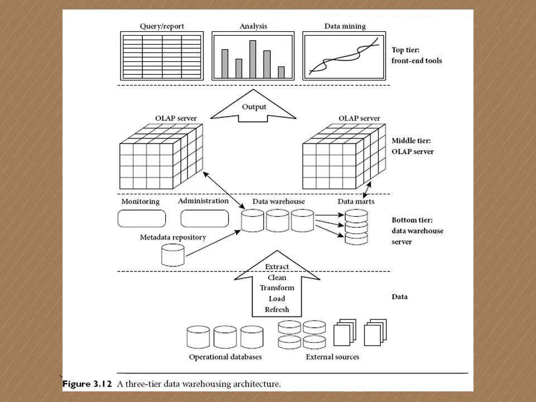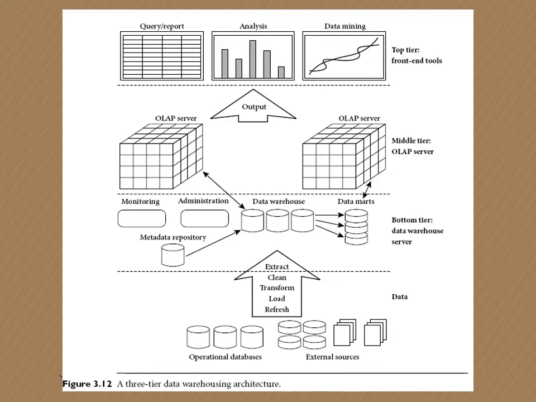Then we will store the data into data warehouse, and it may use a data warehouse model, or it may have data mart models. So we have data warehouses as well as data marts in this particular server, and we have to maintain the data about the data warehouse in the metadata repository, and we have to monitor and administer this data warehouse at this particular tier.